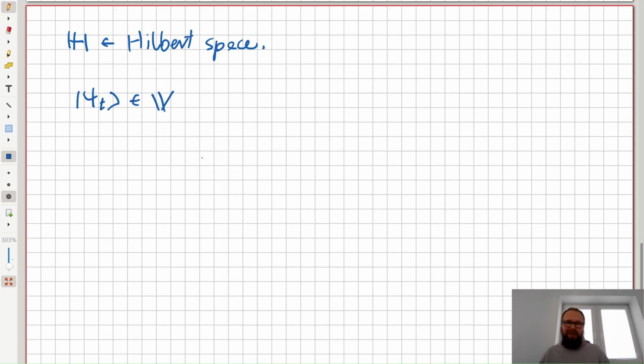To be more specific, let's say you have some operator A, and the operator A dagger is defined by this: phi, A dagger psi.